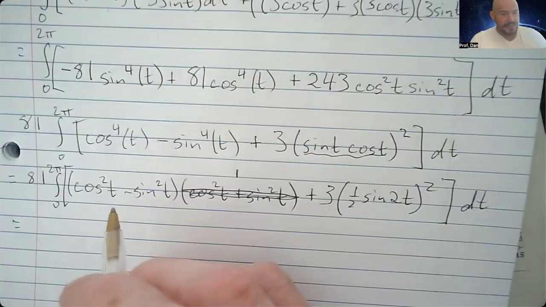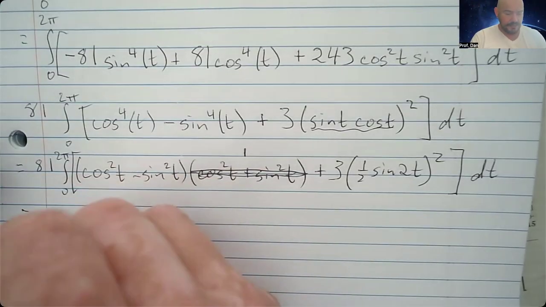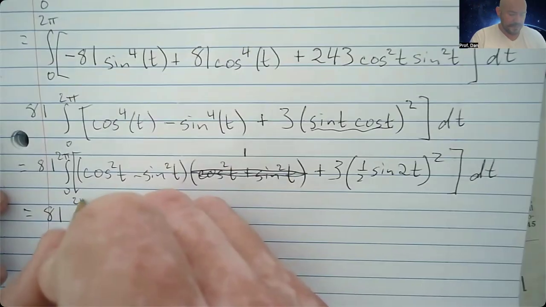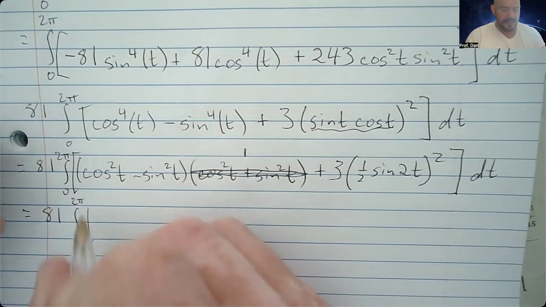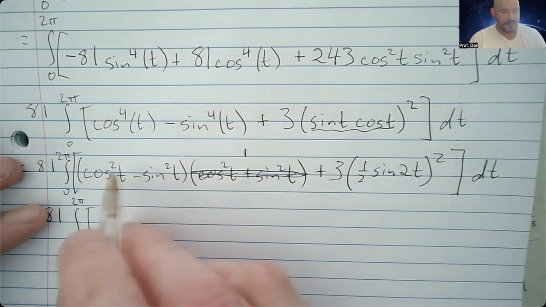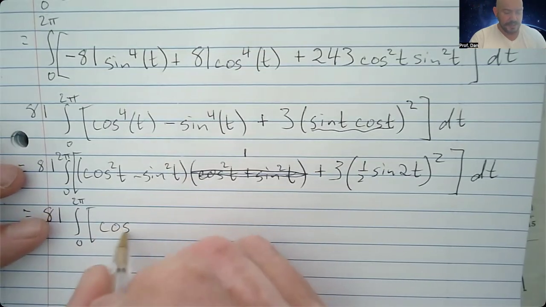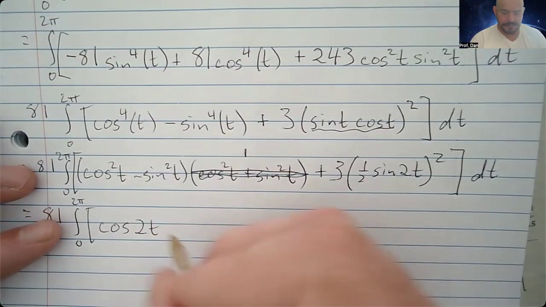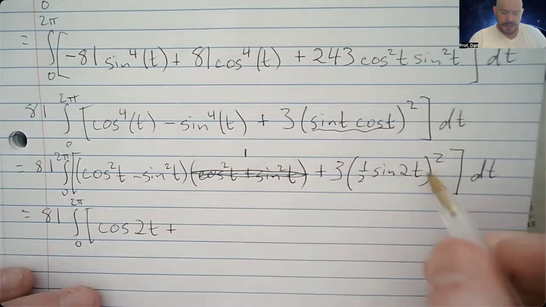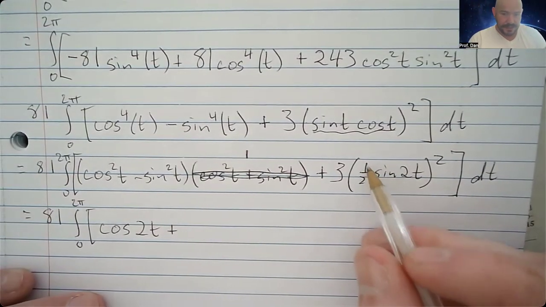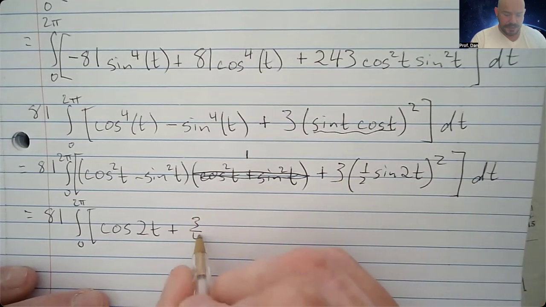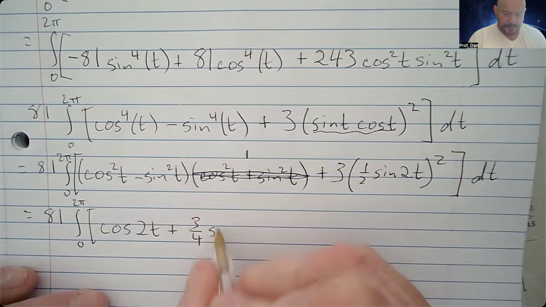Cosine squared t minus sine squared t. We've done enough power reducing in our examples that hopefully many of you are able to recognize that this can be rewritten as cosine of 2t. It's the cosine double angle formula. And then with this one, if I square that 1/2 and bring it out, this 3 will become a 3/4.